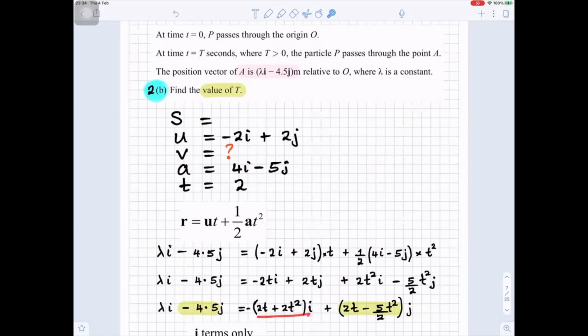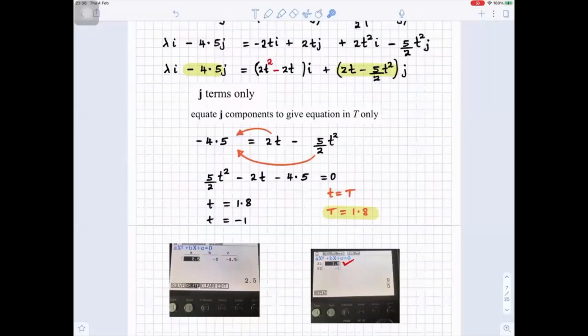So we put the i's and the j's separately, and we want the j terms only. So equate j components to give an equation in t only. So minus 4.5 for the j is equal to 2t minus 5 over 2 t squared.